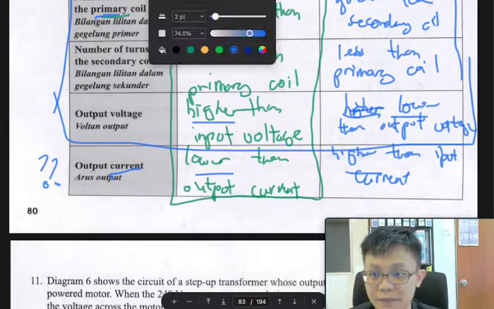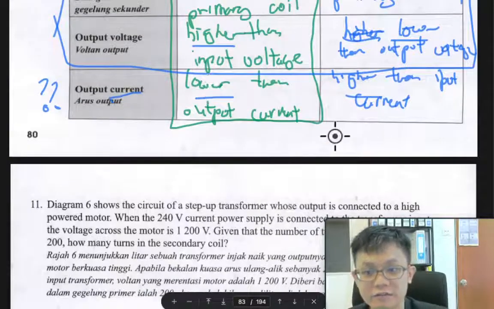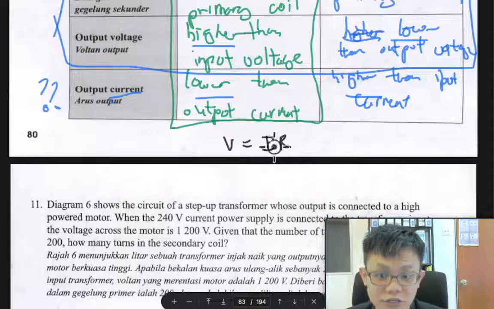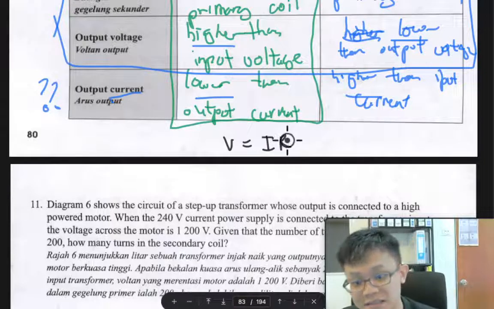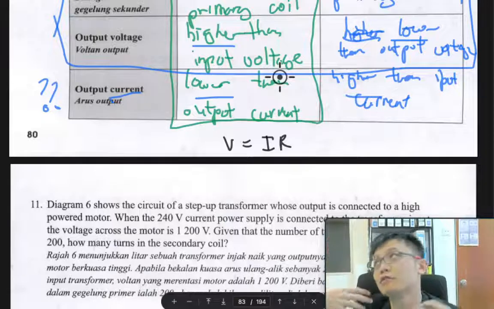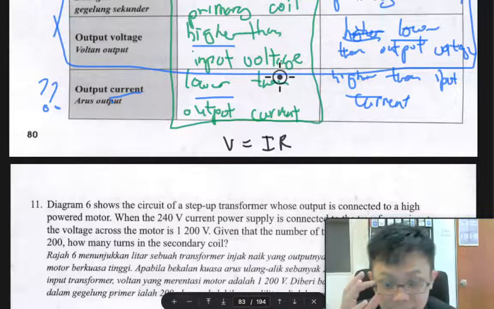V equals IR. If you still remember the formula, V equals IR. V is the voltage, I is the current, R is the resistance. So assuming the resistance is the same, meaning you are using the same light bulb, the same wire, everything is still the same.